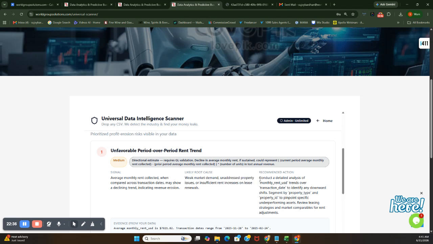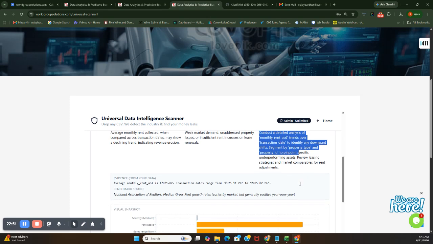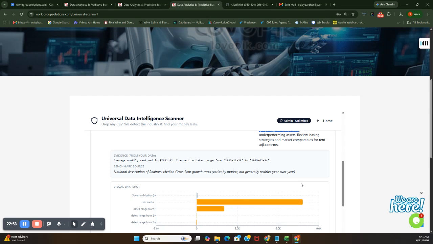What is the recommendation? Conduct a detailed analysis of monthly rent trend over transaction date to identify any downward shifts, segments or property types and property IDs to pinpoint specific underperforming assets. So now you get into all the more detail of what it is all about. So it is giving you the evidence from where the slippages are happening, and you can go back to it.